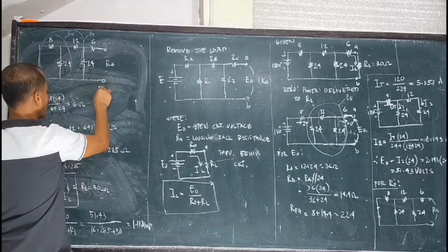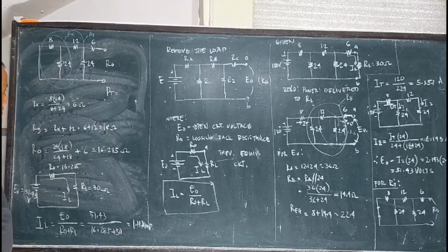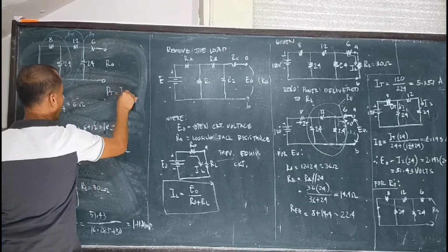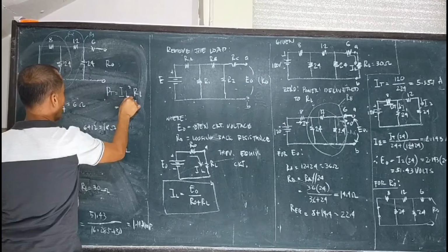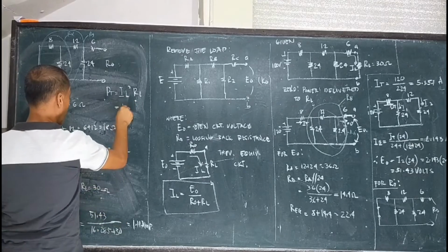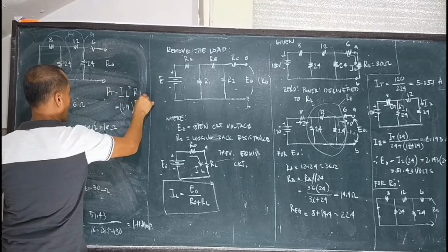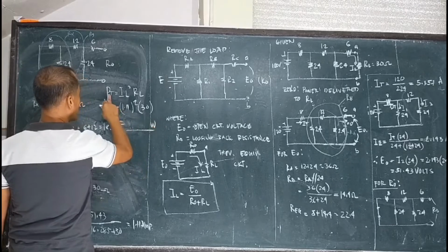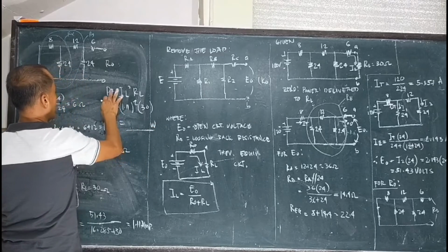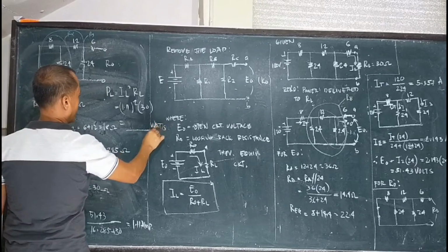The total power, P total, is equal to I sub L squared times R sub L. This is now equal to 1.11 squared times 30 ohms. So, ito na ngayon yung kanyang total power delivered at the load, P sub L, R sub L watts. Okay?